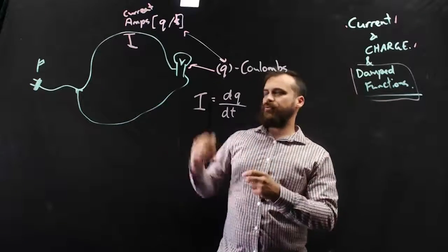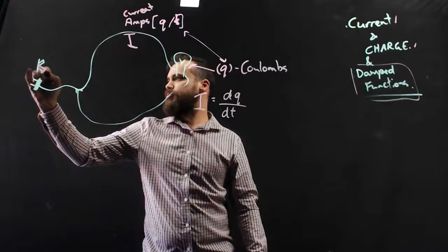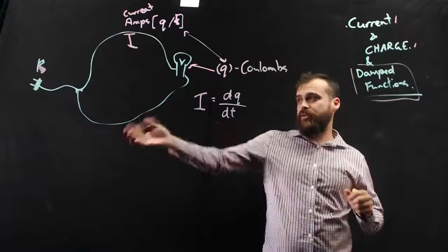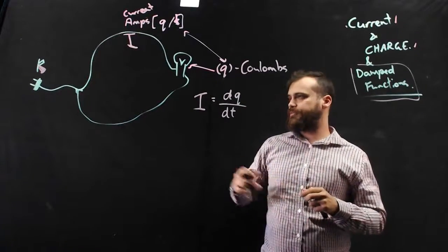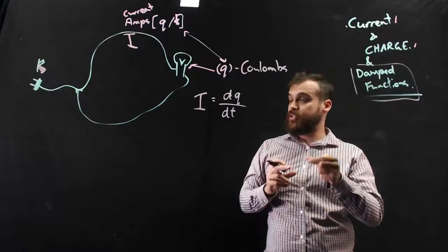So I haven't flicked my switch yet, but when I turn on this power, something called AC current comes through, alternating current. Now, you may have been playing with amp meters in physics before.